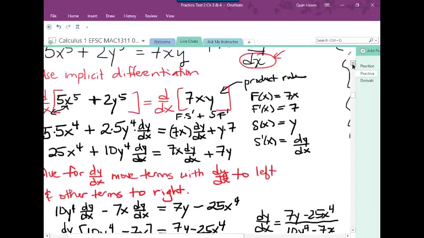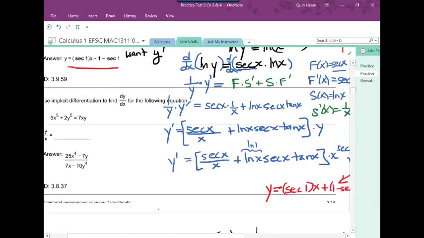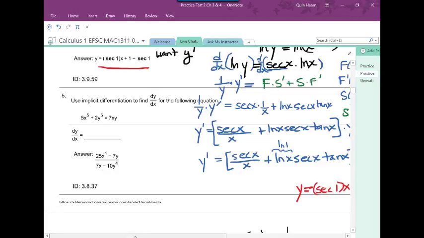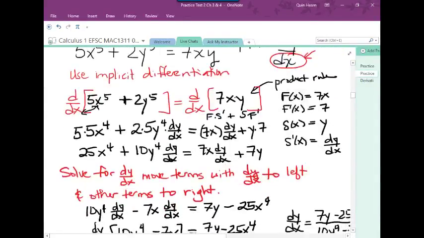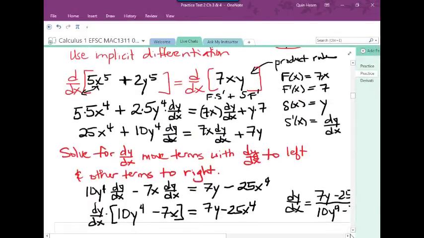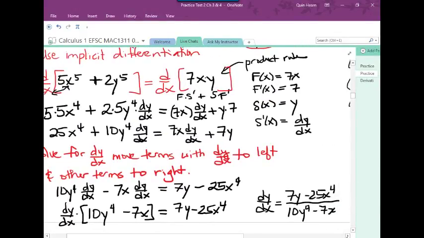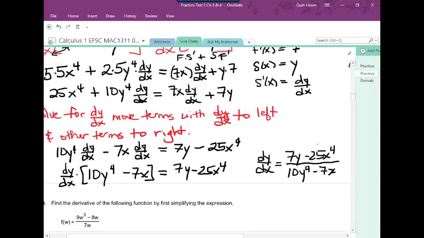Let's see, what else did they ask us to do in this problem? That's it. Okay, and here's their answer. Theirs is reversed from mine in the sense that it looks like 25x to the fourth minus 7y over 7x minus 10y to the fourth.